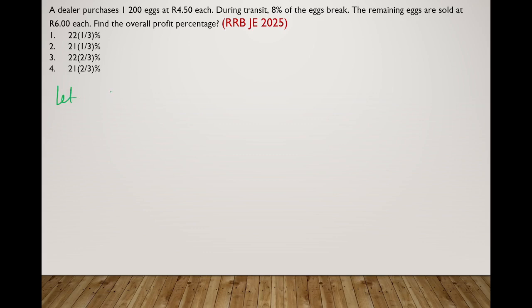For making calculation easy, because finding the value of 12,000 into 800 would be a little bit difficult, but this way it would be easy. So let's assume CP is 100%.